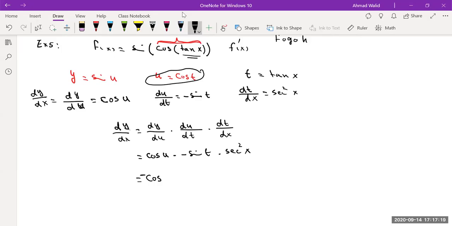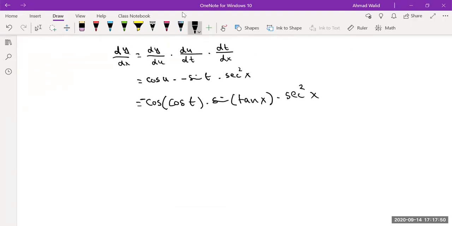Then cosine of cosine t times sine t. What is t? Your t is tangent x. It means sine of tan x times secant square x. One more substitution here, t. I have to put the value of t there, and then I'm good to go.